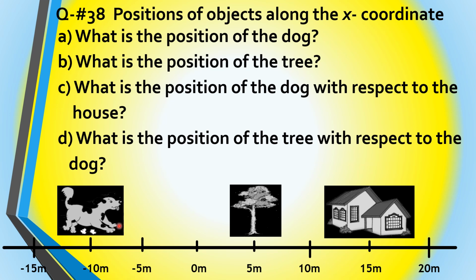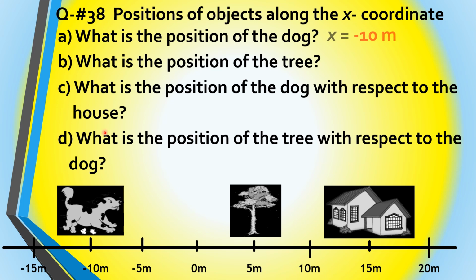Obviously, the dog is located at the x coordinate equal to negative 10 meters, which means that the dog is 10 meters west of the origin. So 0 meter in the number line is usually used as the reference point.